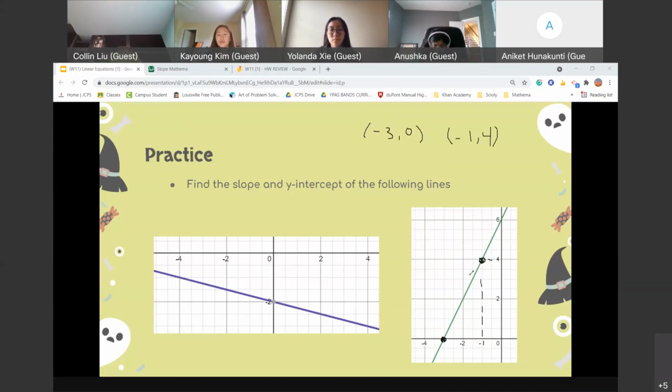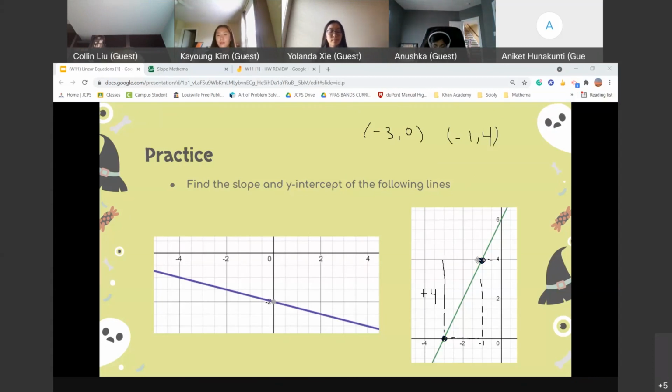Now, let's first do rise over run. When I do rise over run, I have to start at one point only. So I'm going to start at this point. In order to get to my other point, I have to go up, right? That's up 4, which is positive.